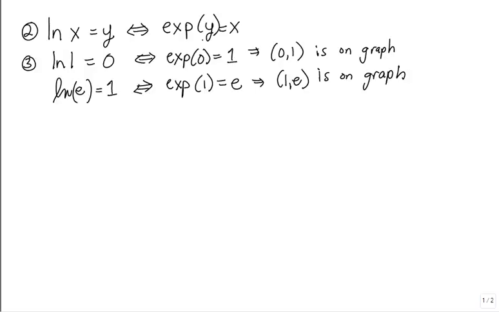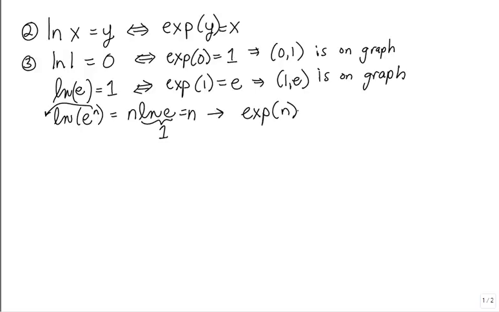Okay, so if we have ln e to a power n, we know that that power comes down, and that's n ln e, but that's 1, so that's n. So that tells us that exp of n is e to the nth.